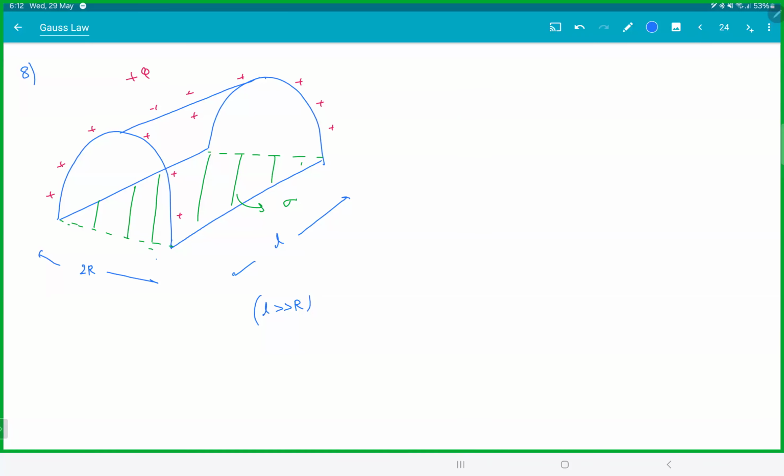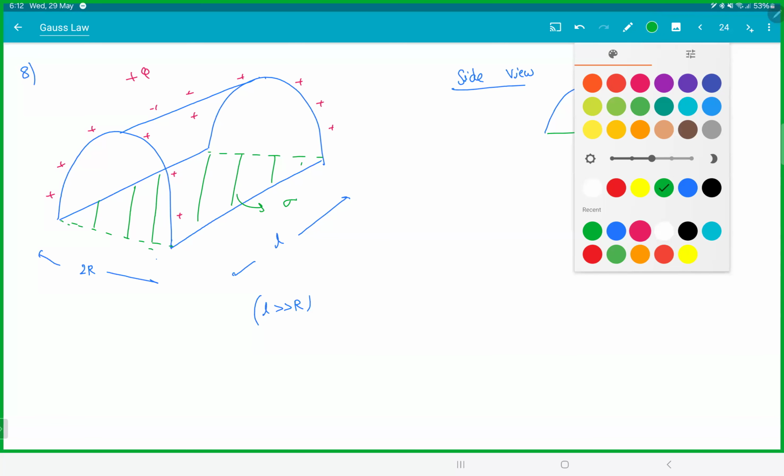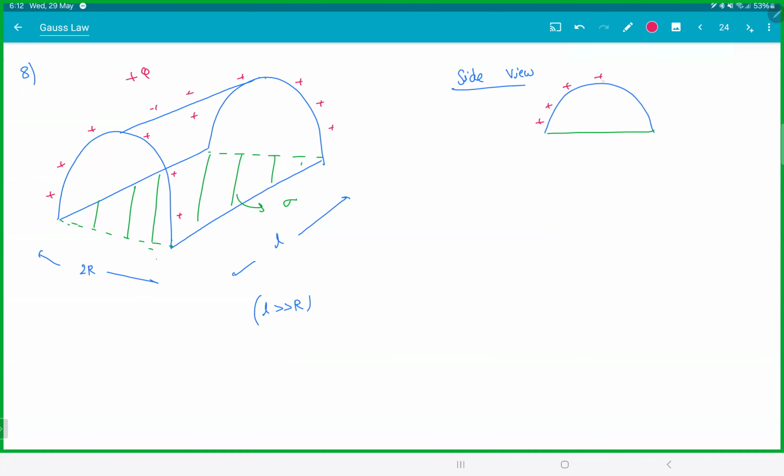So if you look at the side view, it looks like this. So on the cylinder, the charge is like this. And this sheet below is sigma. So this bottom part is closed by a rectangular plate. Find the force between them.